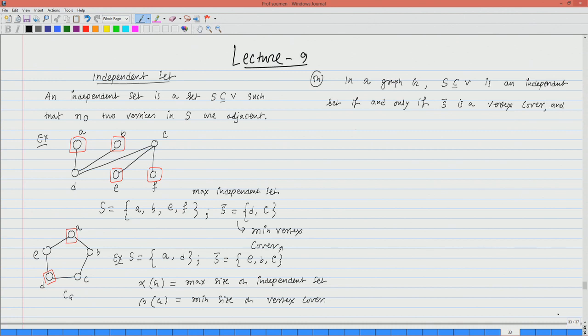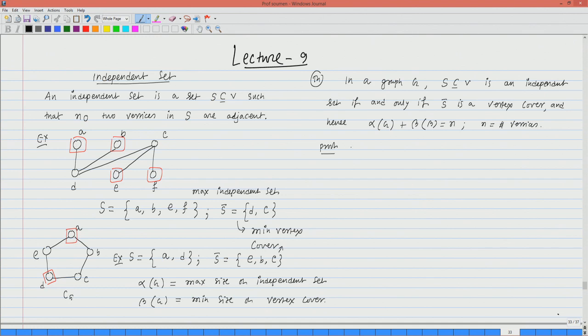And hence alpha of G plus beta of G is equal to n. So, n is the total number of vertices in G. Okay, let us prove this one.